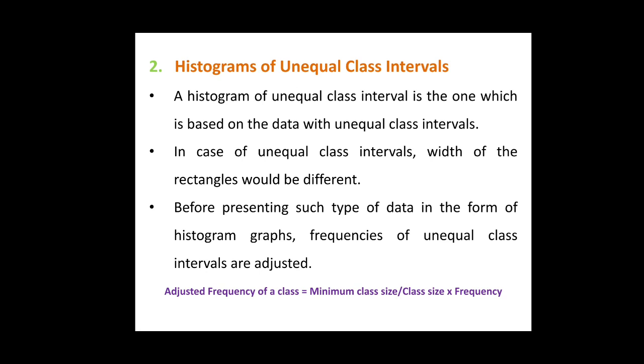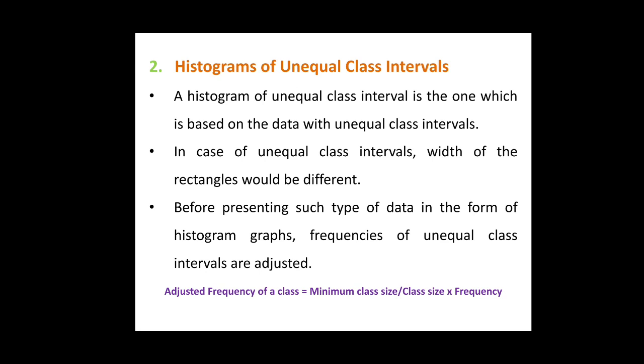Before presenting such type of data in the form of histogram graphs, frequencies of unequal class intervals are adjusted. And how do we adjust the frequencies of unequal class intervals?